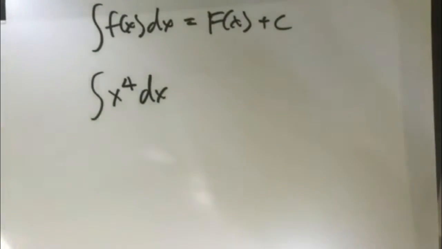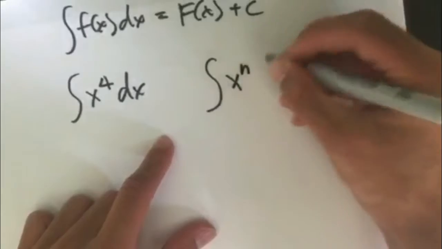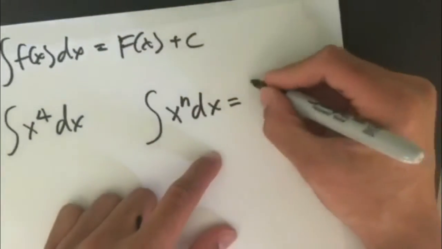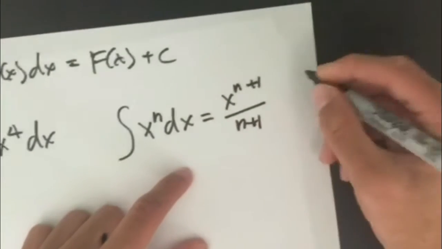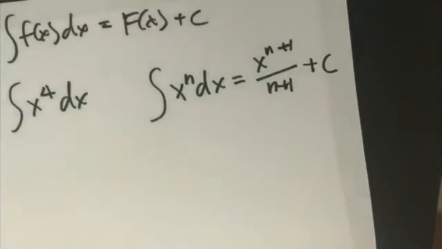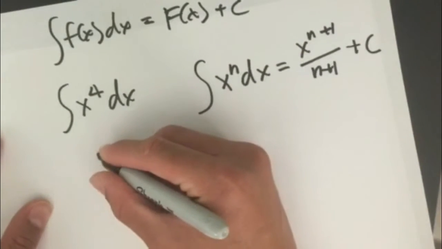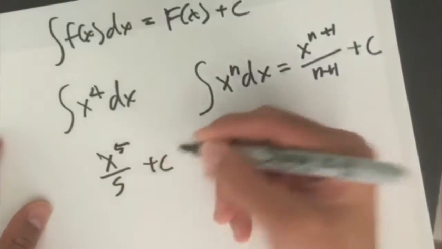Here we are asked to find the antiderivative of x to the power of 4. So there is a formula for this, and here it is. We can plug in the numbers and we will get x to the power of 5 over 5 plus c.